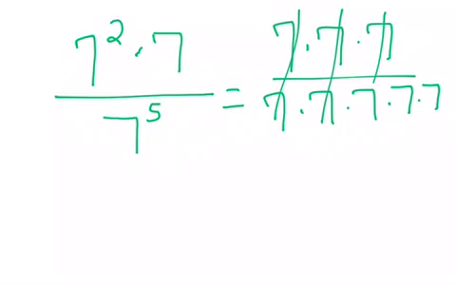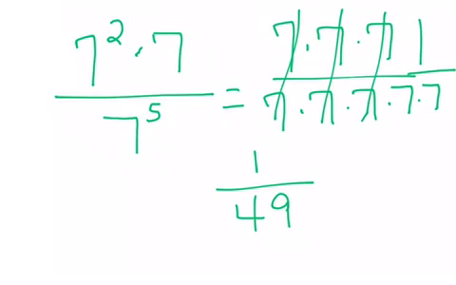We can cancel out this. If the same thing is on the top and the bottom in the numerator and denominator, they can cancel each other out because 7 divided by 7 is our understood 1 that we need. So 1 over 7 times 7 is 49, so it would be 1 over 49, 1/49 would be the answer to that one.